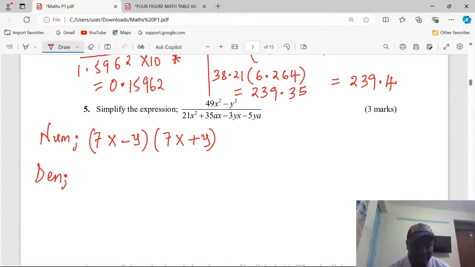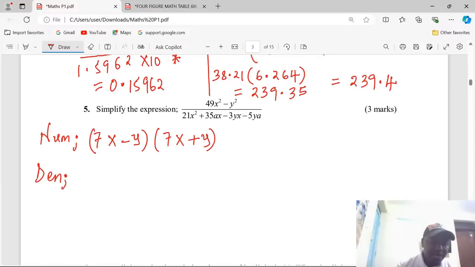When we factorize x, we remain with 21x and 35a in the brackets. In the second case, we have minus 3yx minus 5ya. Again the common factor there will be y, and we remain with 3 minus 5, which means such a factorization will not favor the numerator.